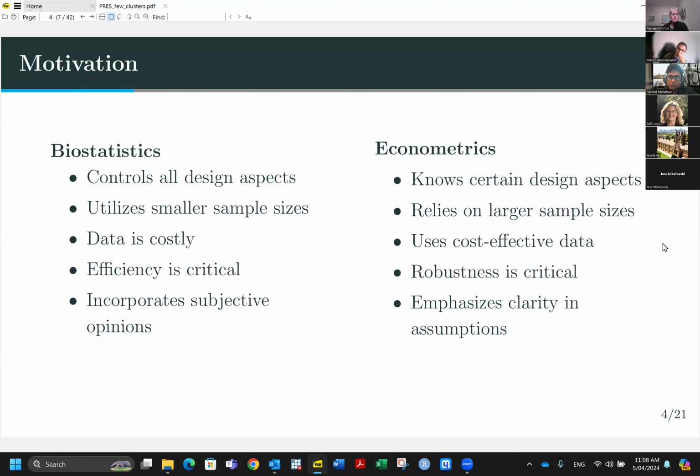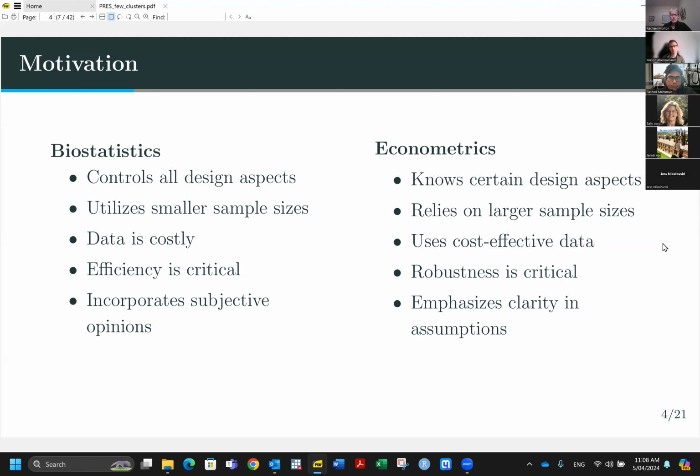Econometricians usually know only the main aspects of the design, but the good thing is that they usually have larger sample sizes, which are also easy to come by. They might be using administrative data sets or publicly available data.